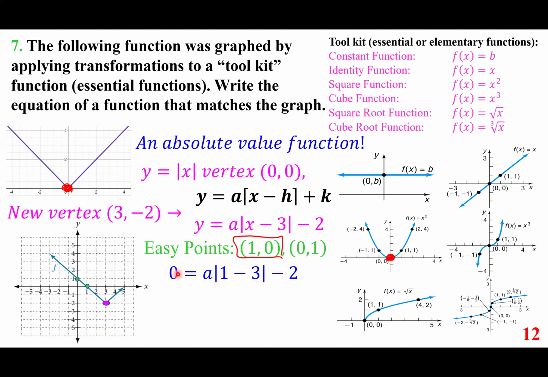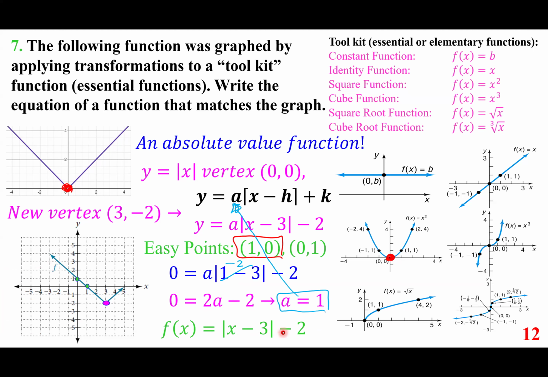So y is 0, x is 1. 1 minus 3 is -2, and it's an absolute value, which makes it 2 times a, minus 2. 2a minus 2 is 0, so a becomes 1. So now plug it in here, and f of x is the absolute value of x minus 3, minus 2.